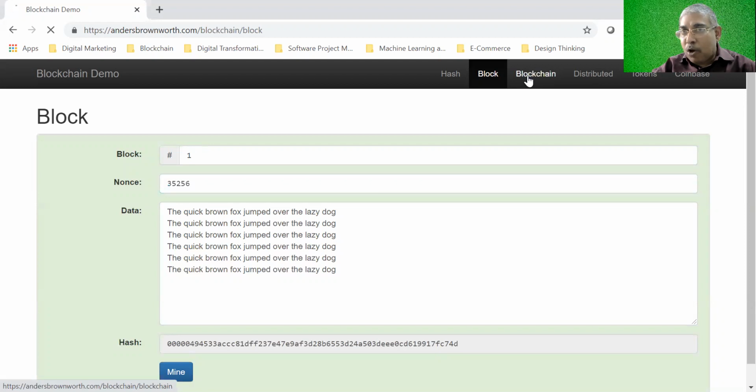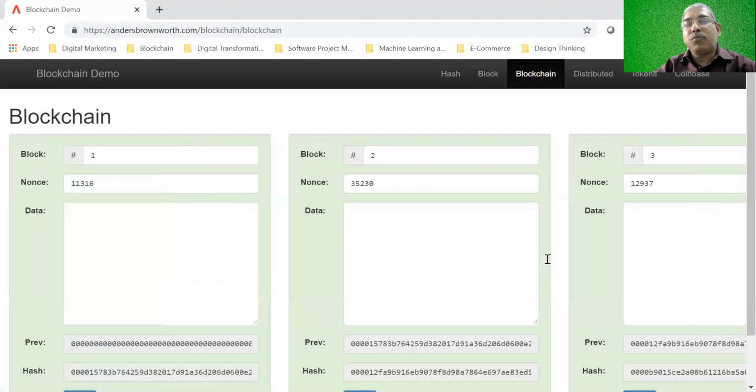So let us go to this blockchain module, and this time we are going to create a set of blocks which will act as a chain of blocks. In this case, instead of giving arbitrary data like the quick brown fox jumped over the lazy dog, let us say that there is a transaction happening between parties, and we'll write this transaction in this format: A to B $10.